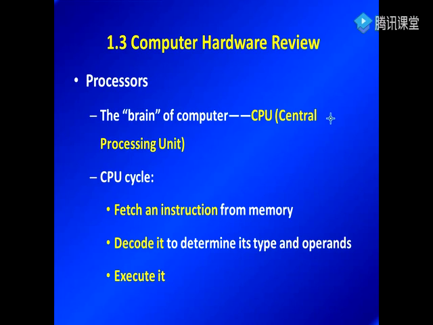So first, the CPU needs to fetch an instruction from memory and then decode it to determine the type of the instruction and the operands. Operands means the data; you might need to add them together, or you need to move some bits. For the second step, when the CPU has decoded, it has to determine if this instruction is illegal.